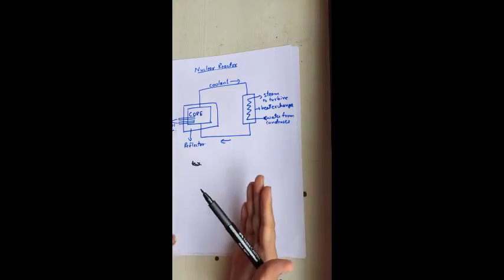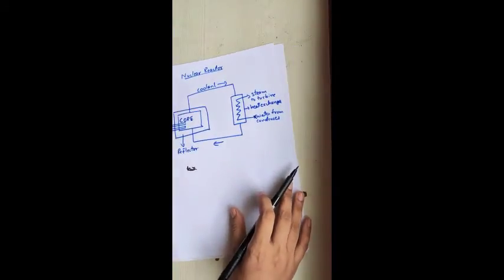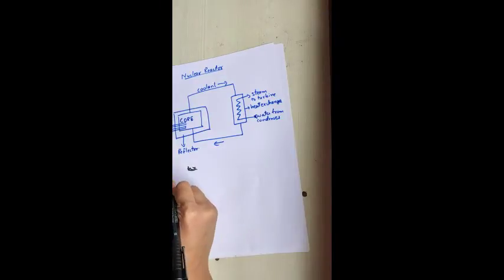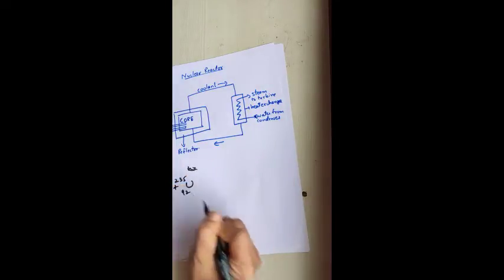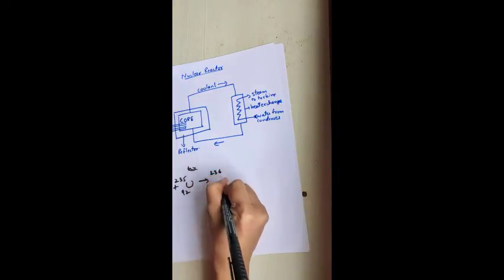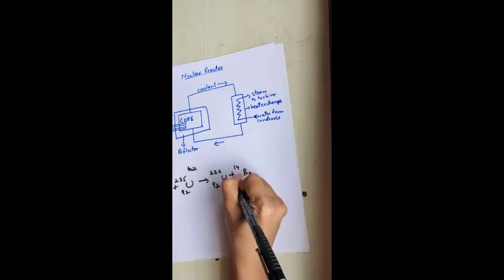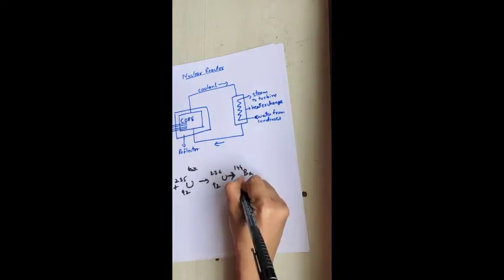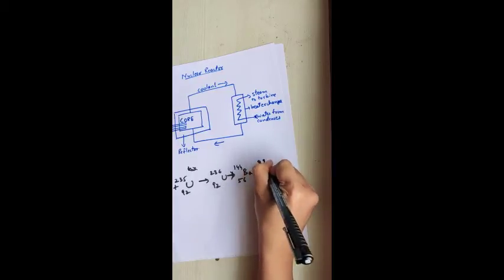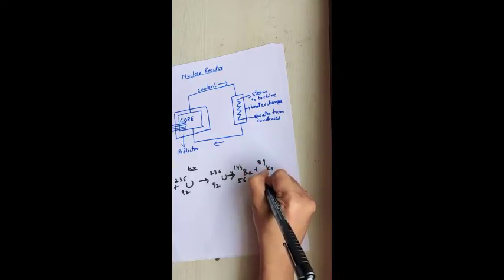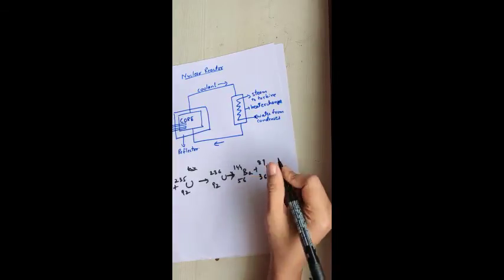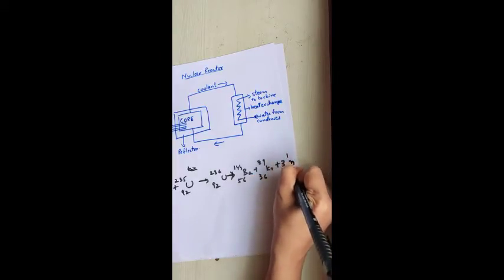Now, when the neutrons are released, let me take one example with uranium. Uranium-235 (92) when bombarded by a neutron gives uranium-236 (92), which further undergoes fission to form barium-144 (56) plus krypton-89 (36) plus 3 neutrons released, as I told you, right?